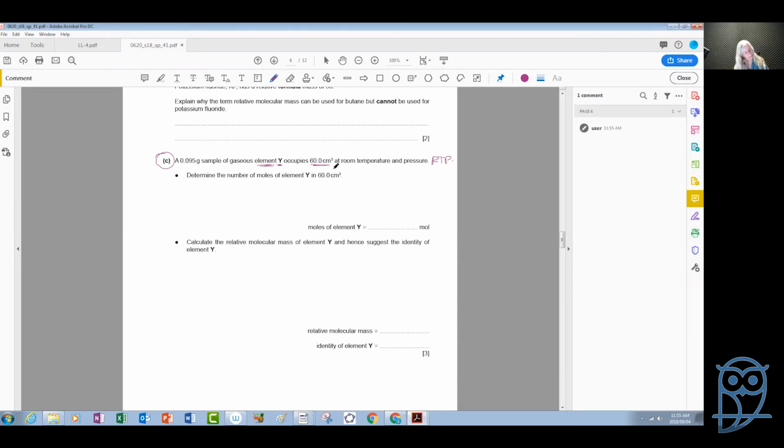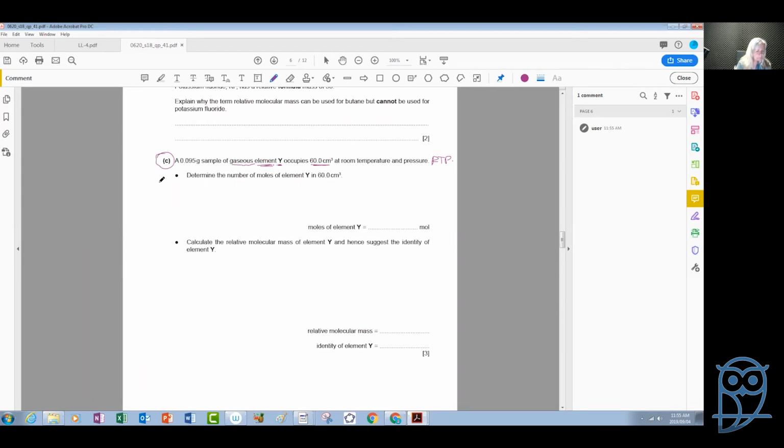We don't know what element it is, but we know that it's a gas, because it's a gaseous element. And since it occupies a volume of 60 cubic centimeters, we can find how many moles of this element we have, isn't it?